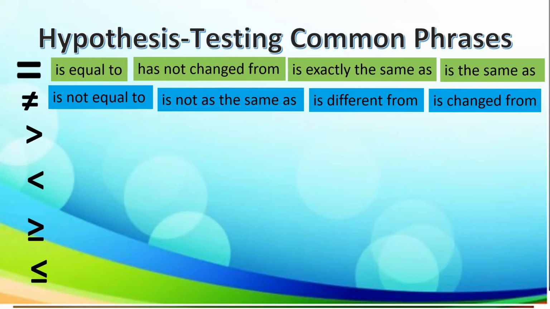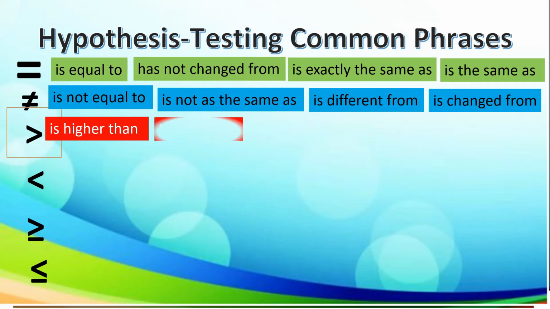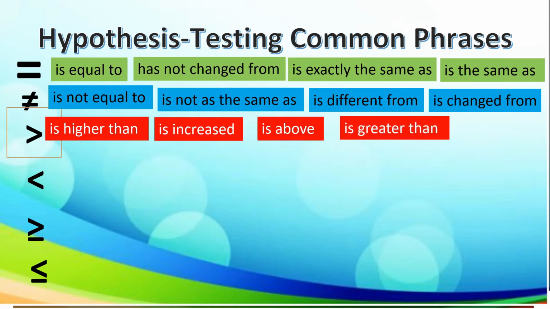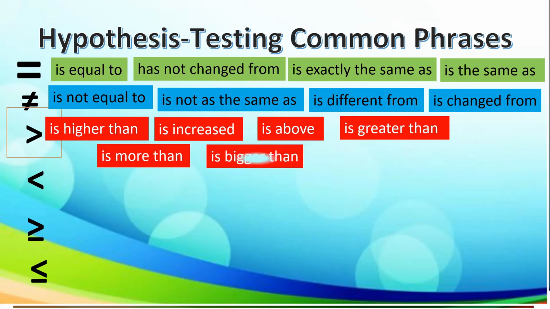The next one is the symbol greater than, which can be read as is higher than, is increased, is above, is greater than, is more than, is bigger than, and is longer than.